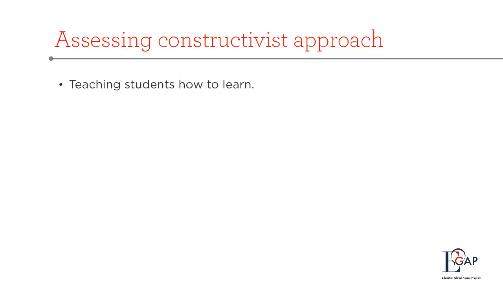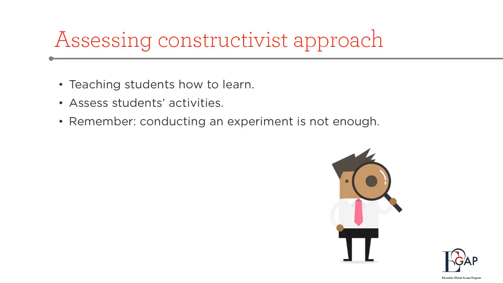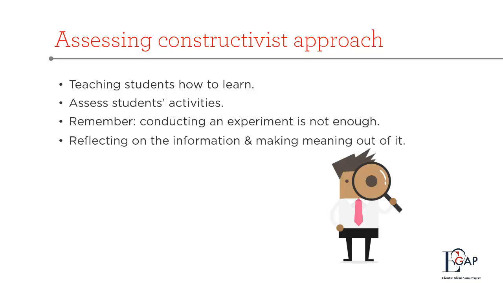And this means you should also think about assessing how active students are in the experiments, how well they are communicating, whether they are staying on task or letting themselves get distracted, and how engaged they are in reflecting on what they've learned. Remember, conducting an experiment is not enough to make sure students really learn a concept. A key part of this approach is reflecting on the information and making meaning out of it.